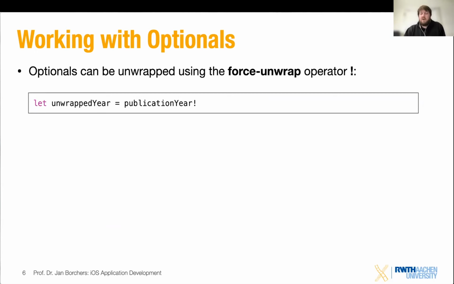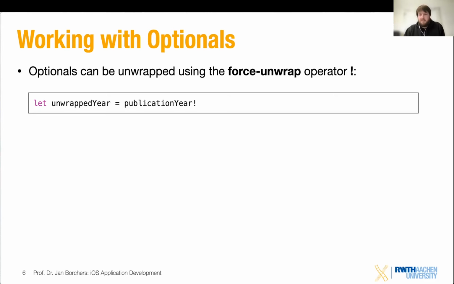And that is called forced unwrapping. So here we can just specify a new constant unwrapped year and assign that to the publication year with the exclamation point, which will take out the integer value of the publication year and then assign it to the unwrapped year.